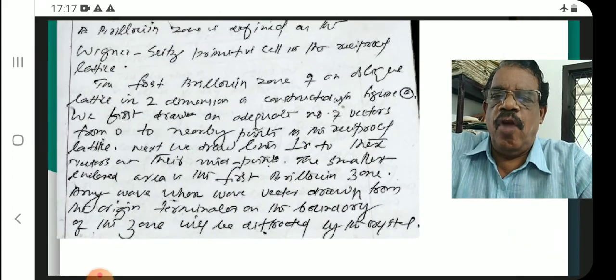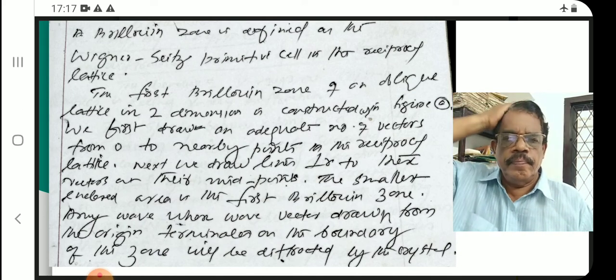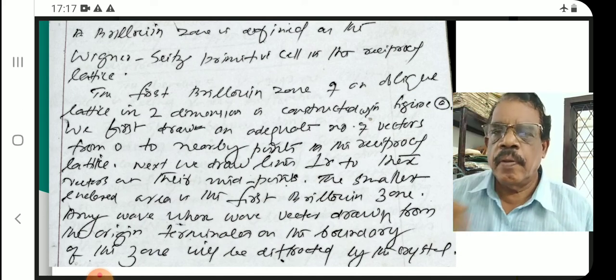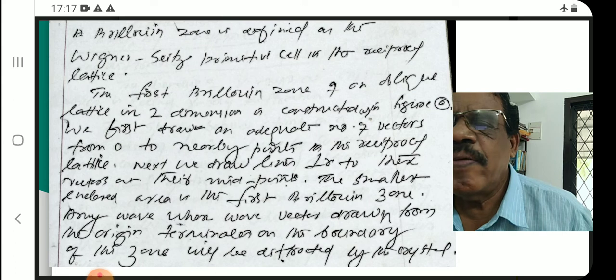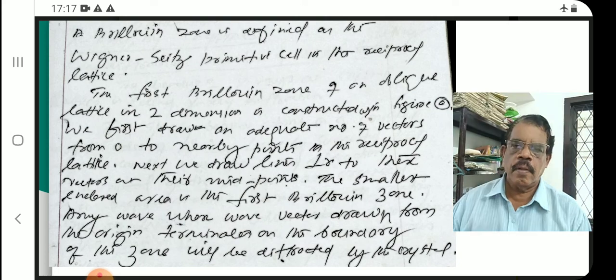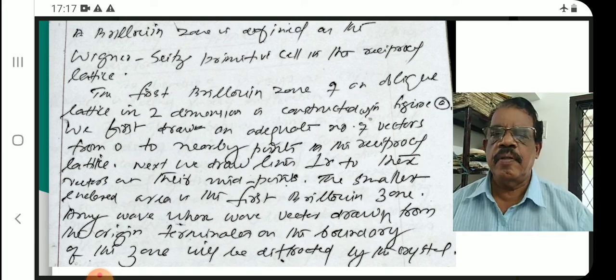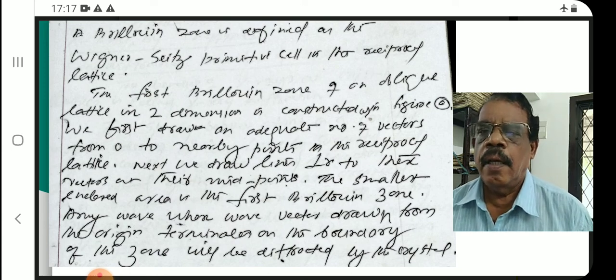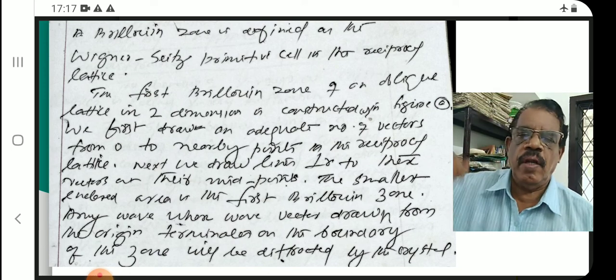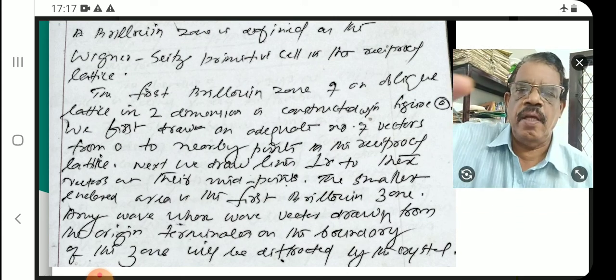Let us look at what the Brillouin zone is. Brillouin zone is defined as the Wigner-Seitz primitive cell in the reciprocal lattice. We have studied the Wigner-Seitz cell earlier. Read that.